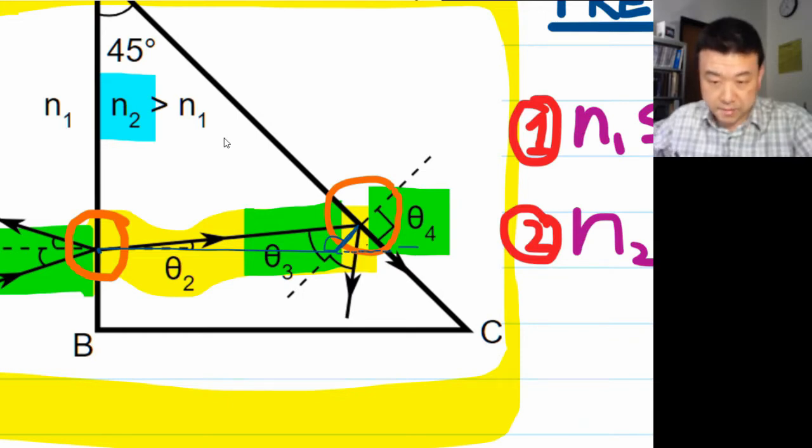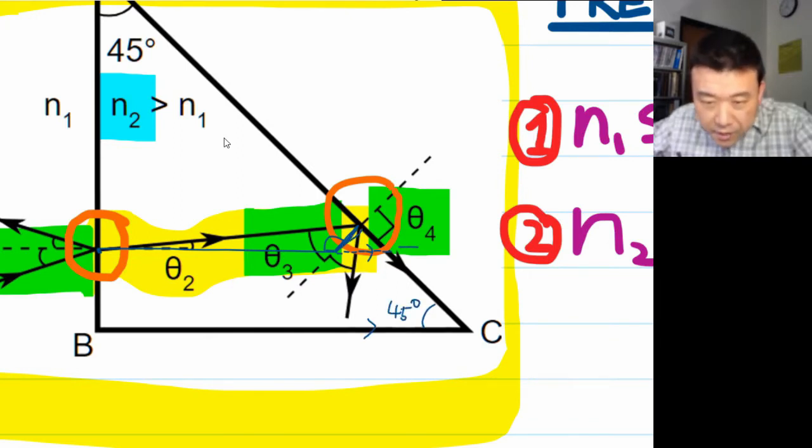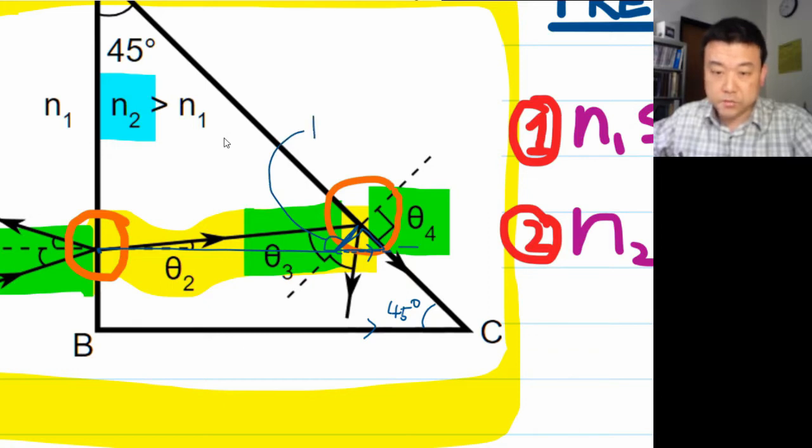Then you can see that this line here is parallel to this line here. This is 45 degrees, which means this tiny triangle here is a 90, 45, 45 triangle. So that gives this angle here as 135 degrees.